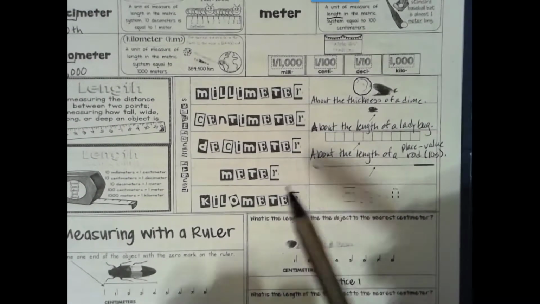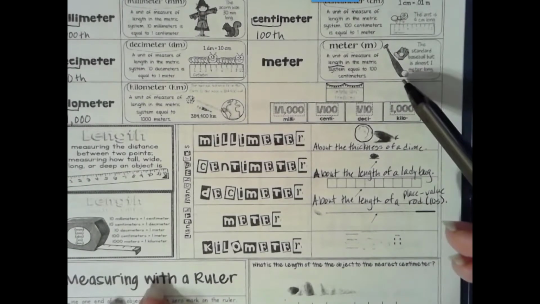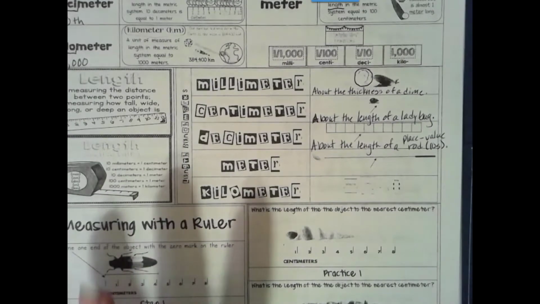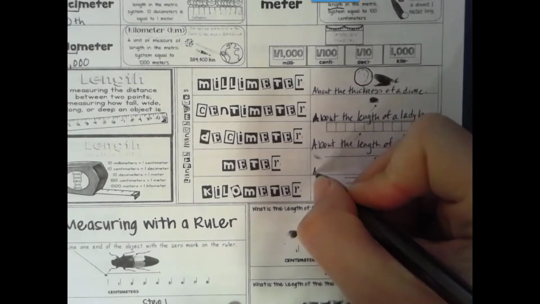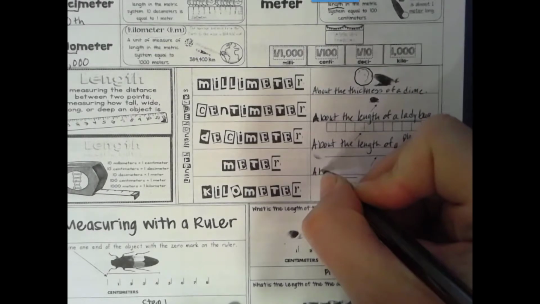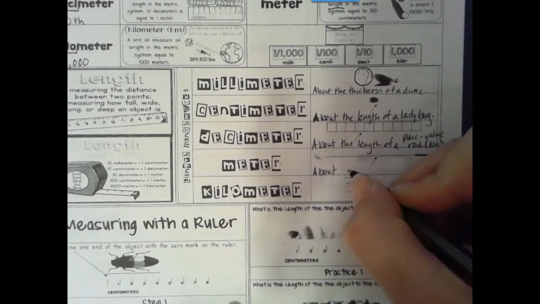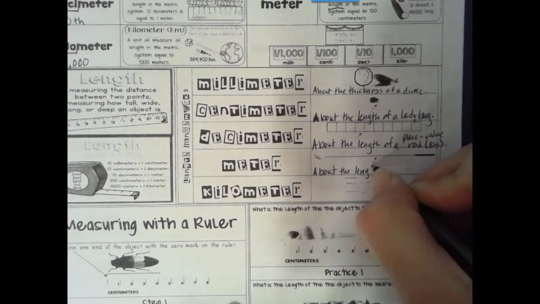A meter, now up here we looked at it, it's about the length of a baseball bat. Another thing to picture is about the length of a golf club. So much longer now.